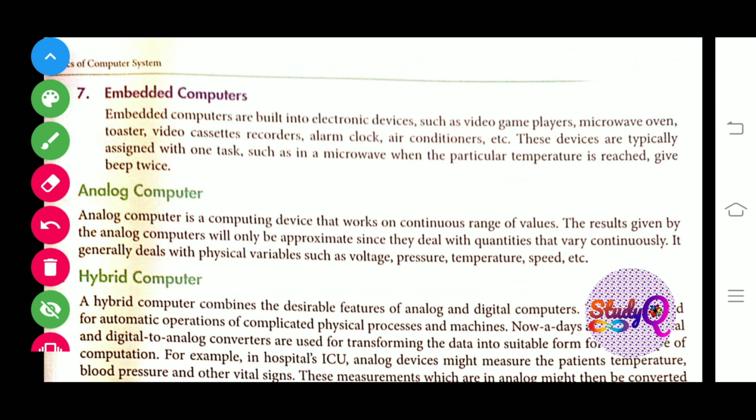These computers are used to control these small machines; we can raise or decrease the temperature and manage the rotation speed with this. So embedded computers are computers built into electronic devices. This is the main thing.